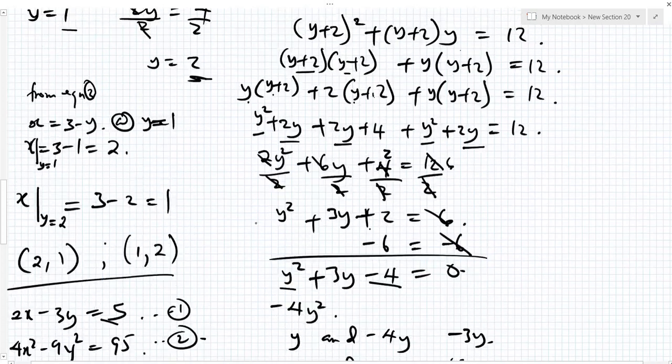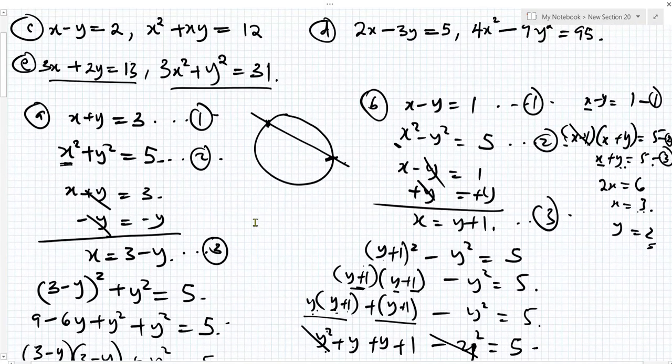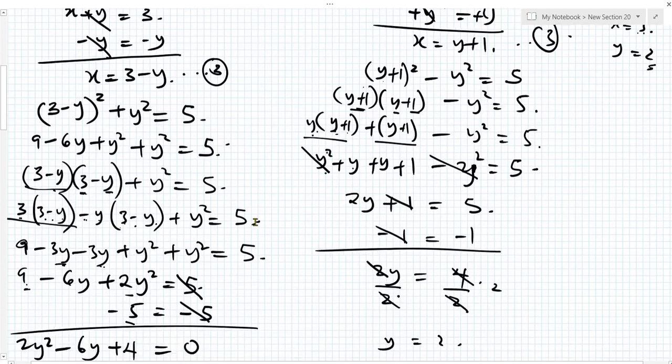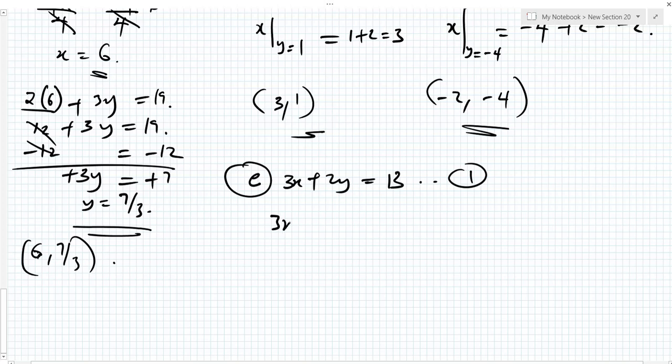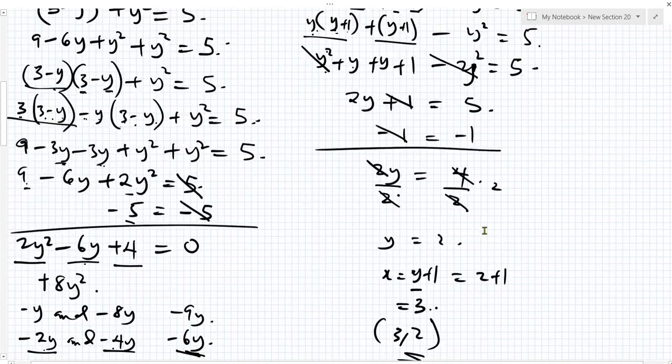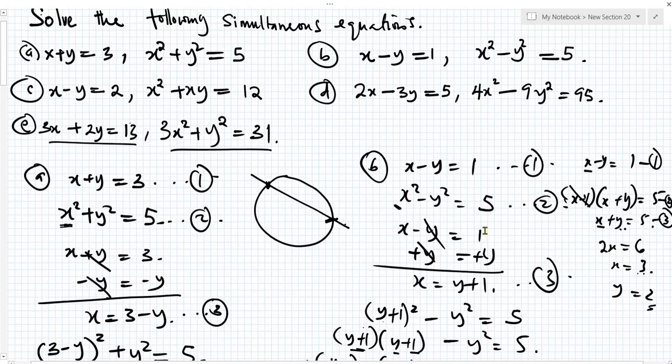And the other one is 3x squared plus y squared equal to 31. This is supposed to have two equations, 3x squared plus y squared equal to 31. We'll be sure it's right.